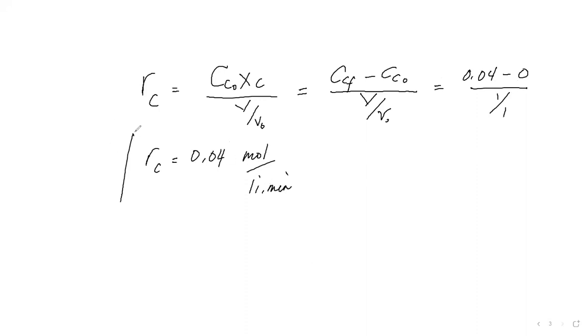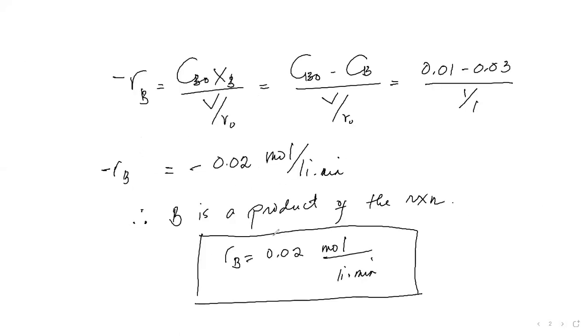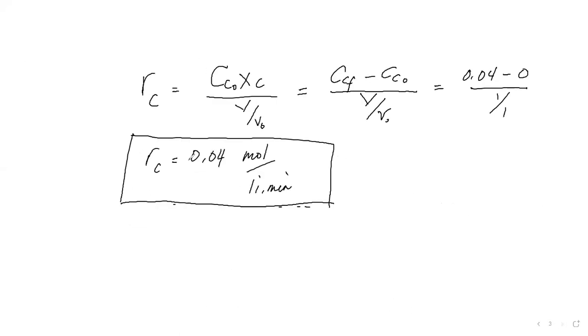So as to the requirement in the problem, as to rates of reaction of A, B, and C, these will be your answers. So R sub A will be 0.08, R sub B will be 0.02, and R sub C would be 0.04.